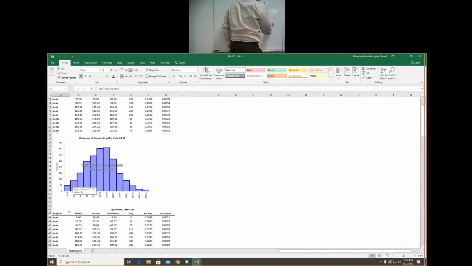If it is skewed to the right, it's going to be something like this. Its tail is going to be bigger on the right side, skewed to the right, or its skewness is going to be something close to plus 1. This means the mean is bigger than the median, or we have some extreme values on the right.